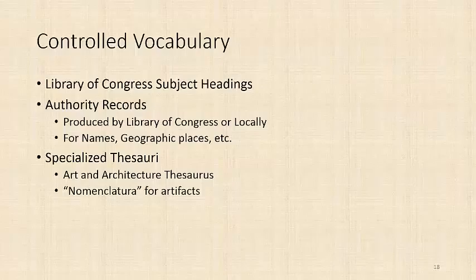They may include grammatical structure as well, and the first of these that I have listed here does indeed include grammatical structure. Library of Congress subject headings. You have used these, I hope, when you've conducted research for your history classes. In each catalog record for a library book, there should be something called a descriptor.